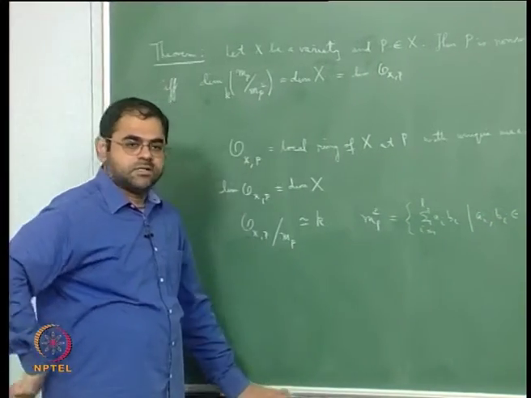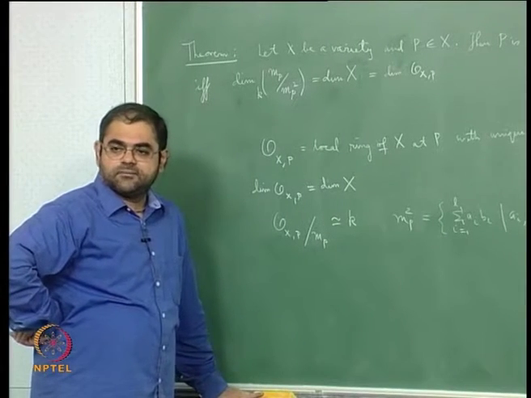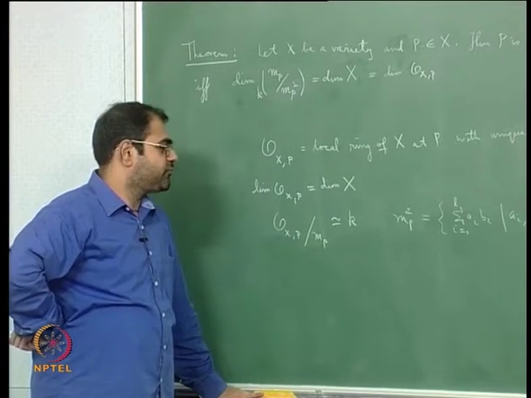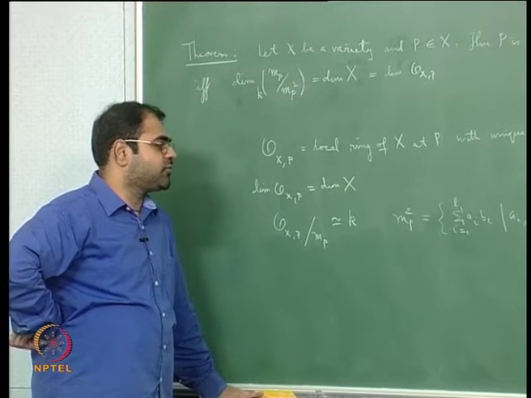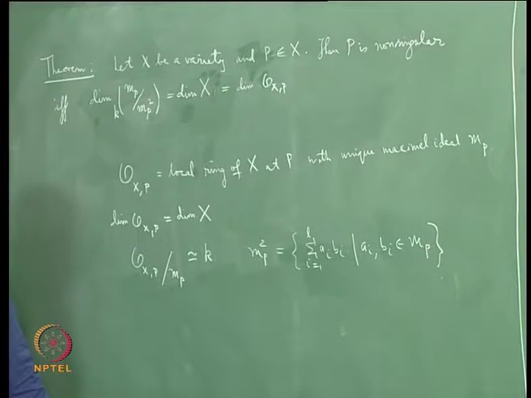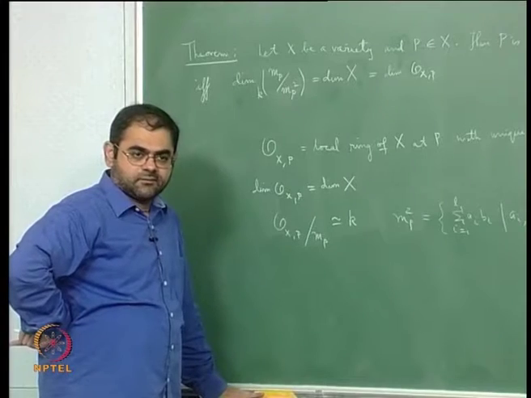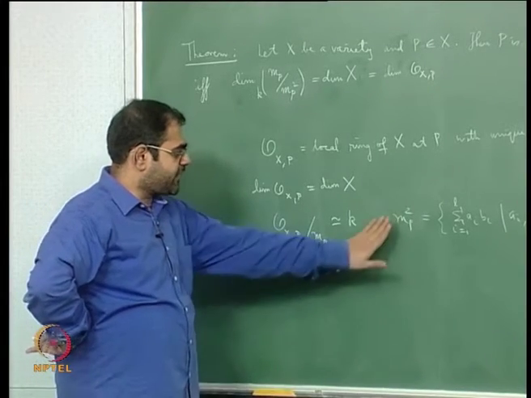This is just the squared ideal, a finite sum of products taken two at a time from the maximal ideal MP.